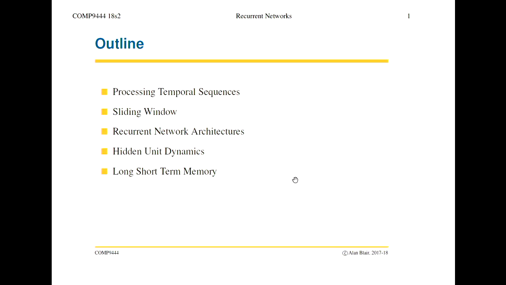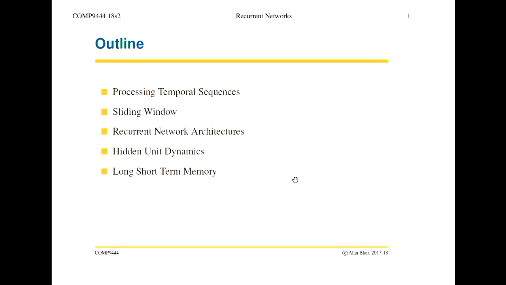But sometimes we want to process sequences of inputs: language processing tasks, handwriting, stock market analysis, speech processing, various things like this.